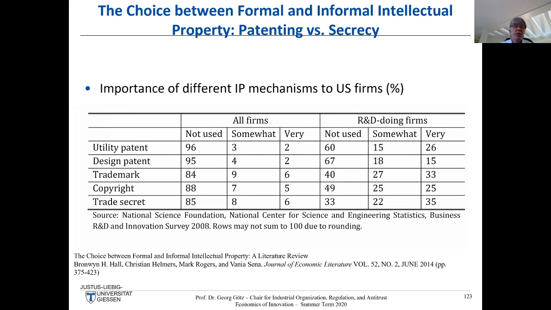And this is also just to put into perspective how important patenting is in the industries. What you see is that from all firms, about 85 percent or more don't use any of these mechanisms to protect their intellectual property. But there are some firms for which it is very important, and in particular for the firms which you would consider high-tech firms which do R&D, about a quarter and more say that it's very important to them.